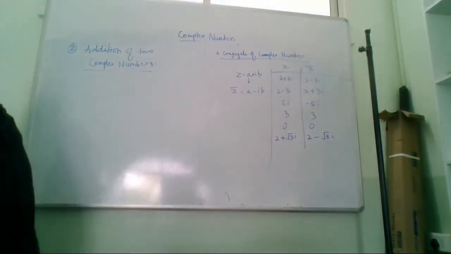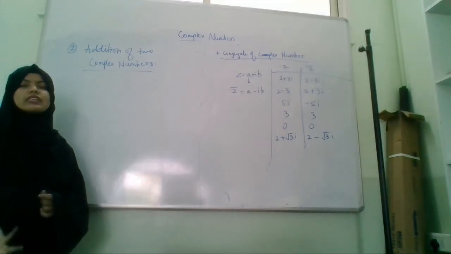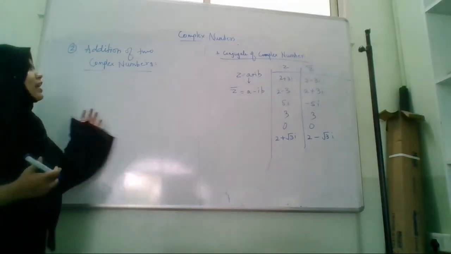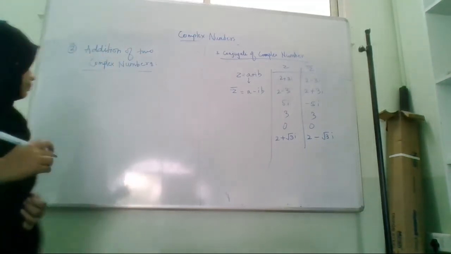Like we have addition of numbers, 2 plus 3 is equal to 5, 5 plus 10 is equal to 15. Similarly, we have addition of complex numbers.